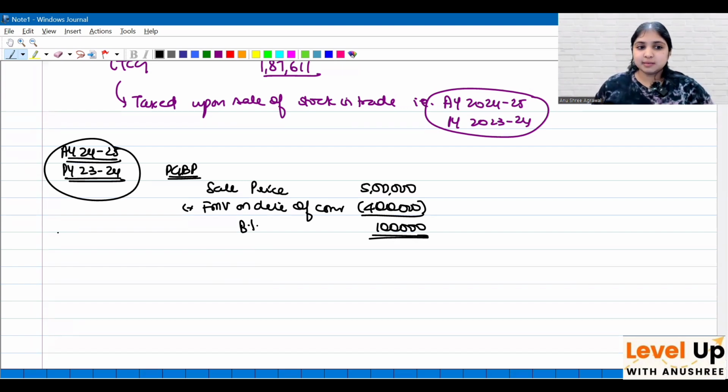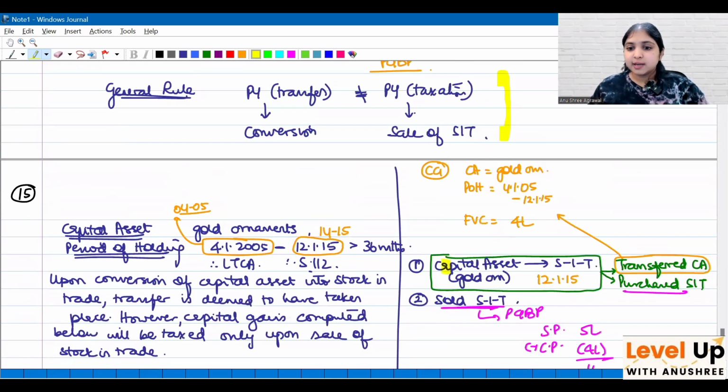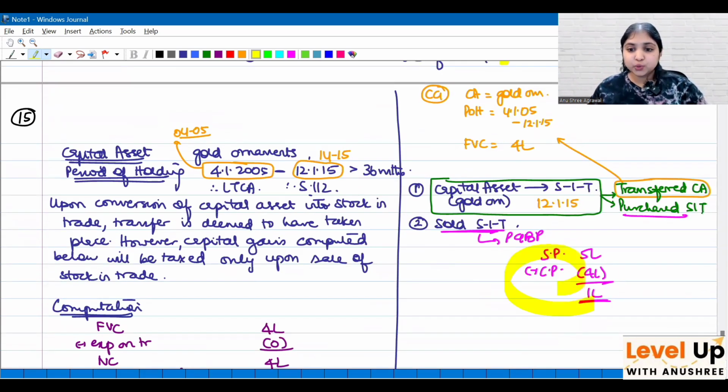Okay, so that's it about our discussion with this part. So in 23-24 itself, you're going to tax so much capital gains also, and you will tax so much business income also. So always remember, when you convert capital asset into stock in trade, the year in which you sell your stock in trade, in that year, you will have two implications. PGBP you will anyways have because you sold stock in trade.